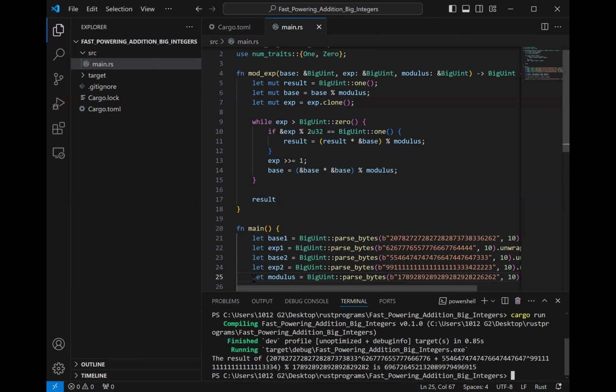Are you seeing the whole thing up to the end of the unwrap? We're seeing the main function and let modulus. Yes. Okay, I want to share so that you see the entire screen.